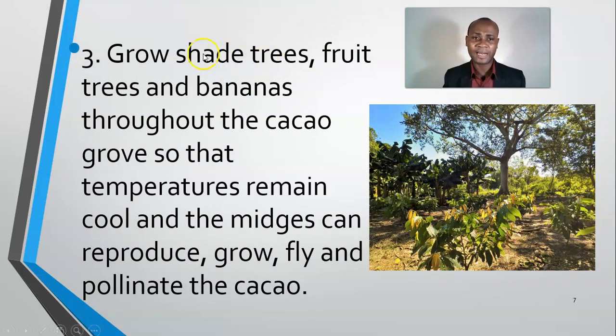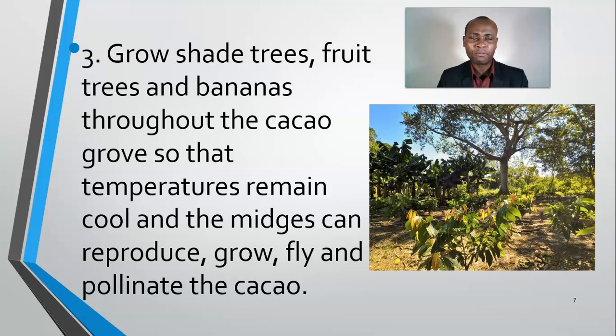Then grow shade trees, fruit trees and bananas throughout the cacao grove so that the temperature will be cool and the midges can reproduce, grow and fly. Earlier on, I mentioned that for flowers to begin to set well, the farm temperature should be around 22 degrees Celsius.